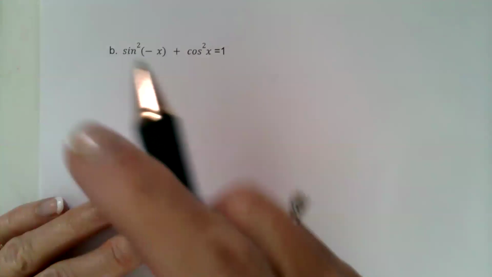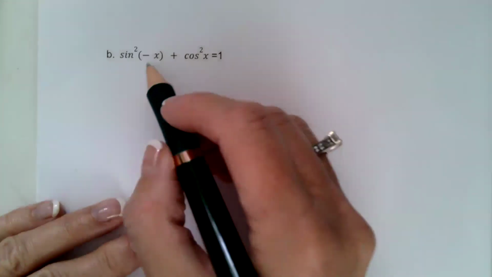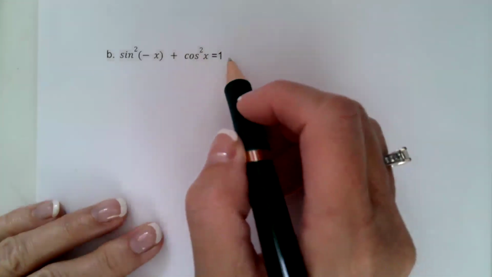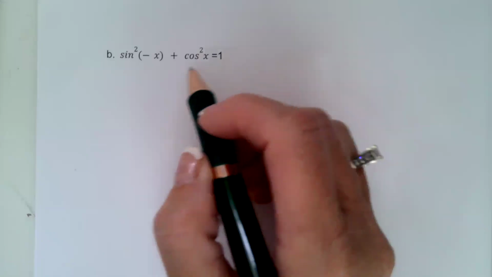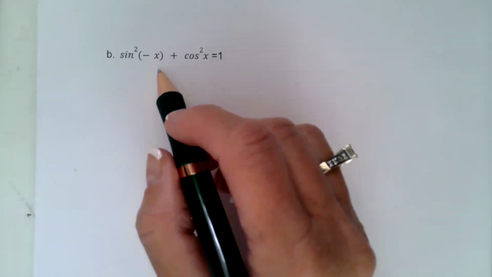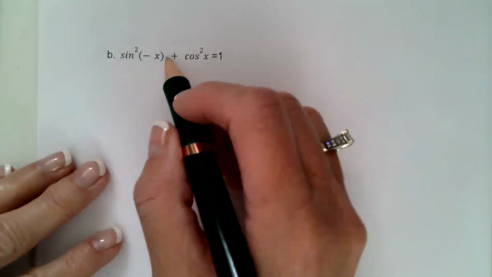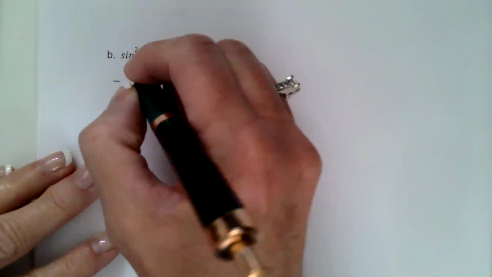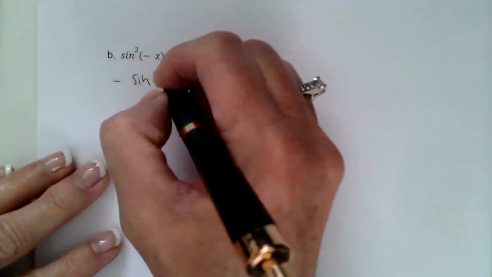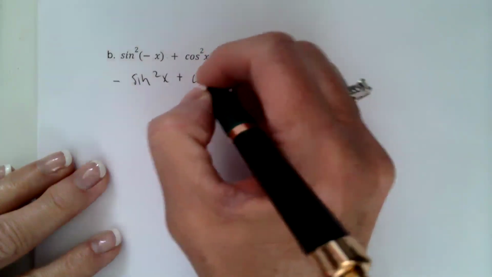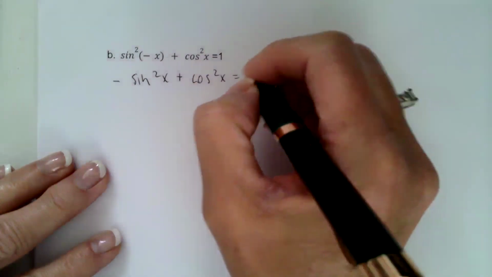B. So sine squared of a negative x plus cosine squared of x equals 1. Okay, using the identities that we learned in chapter 5, we know that sine squared of a negative x is the same as a negative sine squared of just x. Now we have plus cosine squared x equals 1.